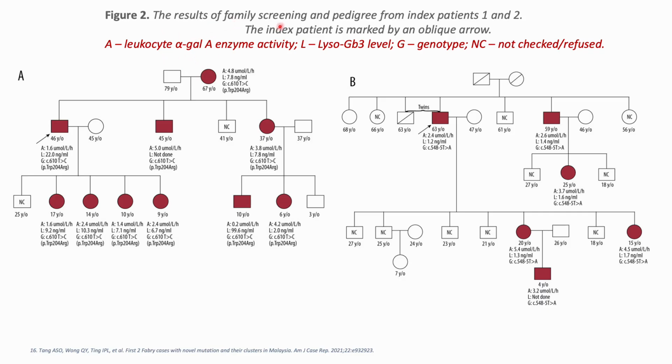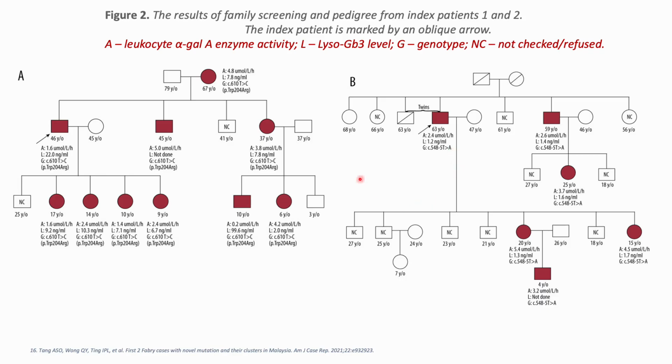This is the result of the family screen and the pedigree from index patients 1 and 2. Index case 1 is male. He has X, Y. The X passes to his daughter. The daughter's lyso-Gb3 was increased, but the enzyme activity cannot be relied on. Case 2 is a VUS, late onset, so the enzyme activity still has residual, and lyso-Gb3 increased a little bit.